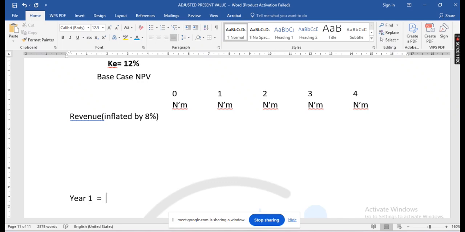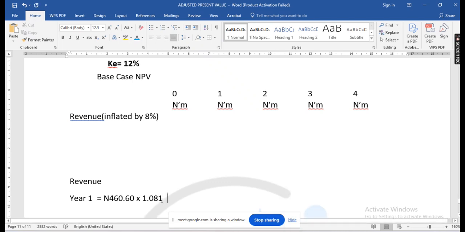So what is the revenue given to us in this question? What is the revenue for year one? The revenue for year one is 460.60 times, it should be inflated by 8%. That is 1.08 raised to power 1.